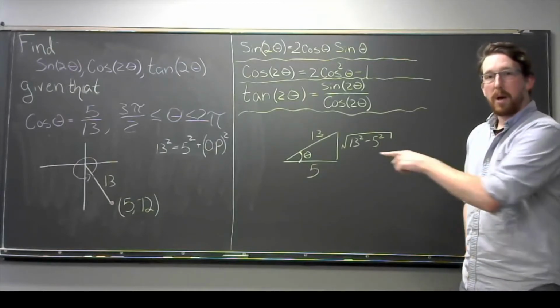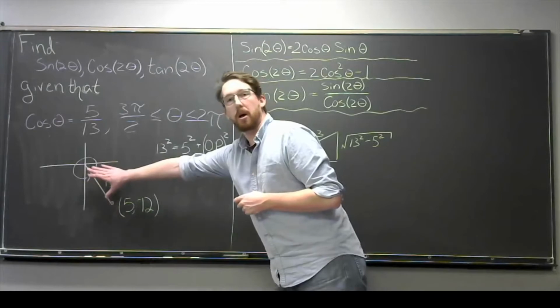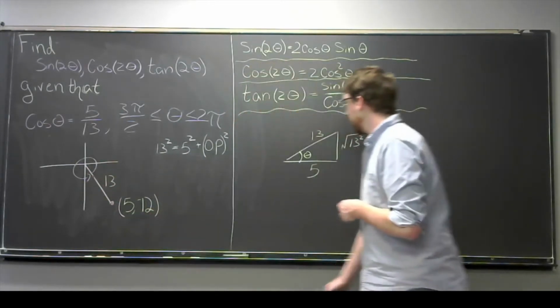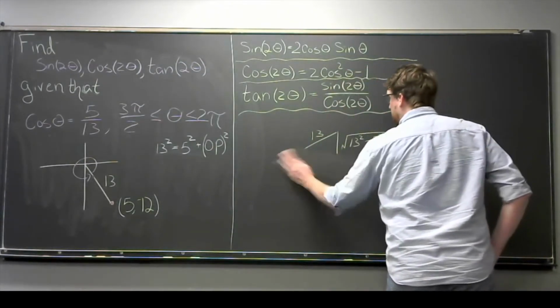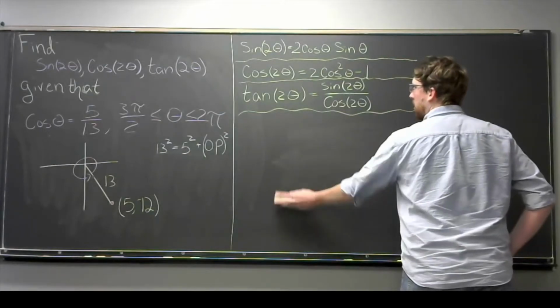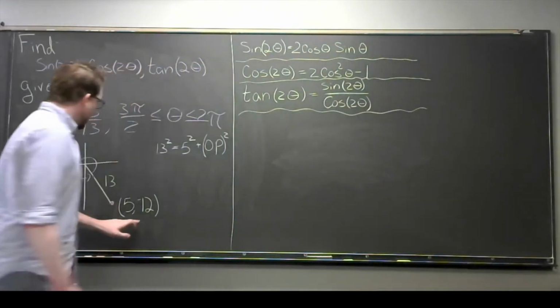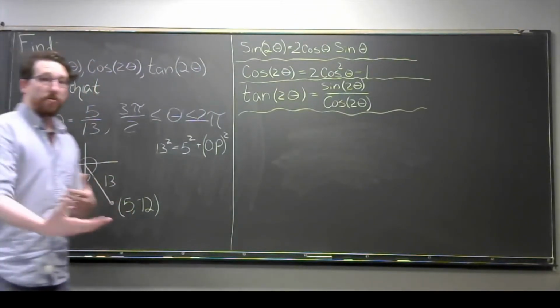Knowing that, we can go back to our circle over here and say, all right, I know it's in this bottom right quadrant, so it must be a negative value. So, explaining that part, we can start seeing some things here, right? Now we can see what sine and cosine and tangent are of theta.